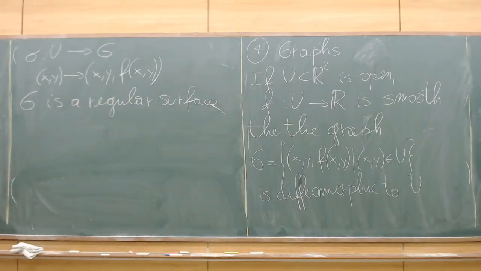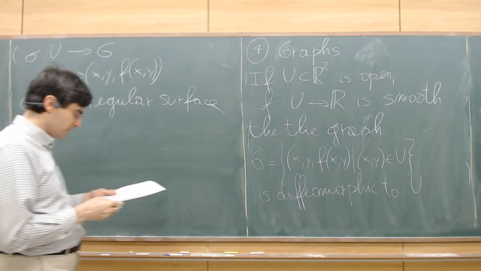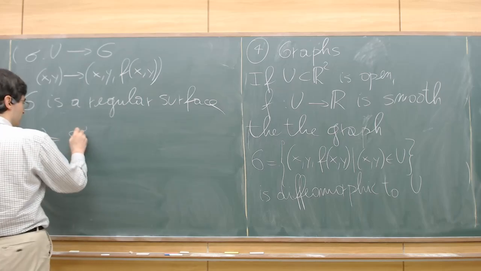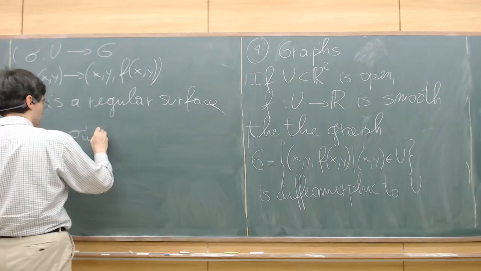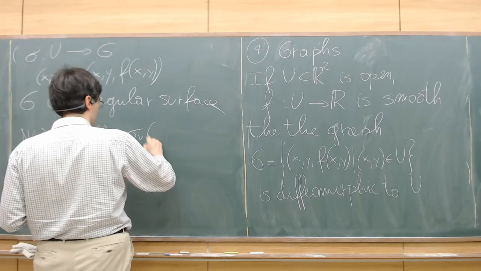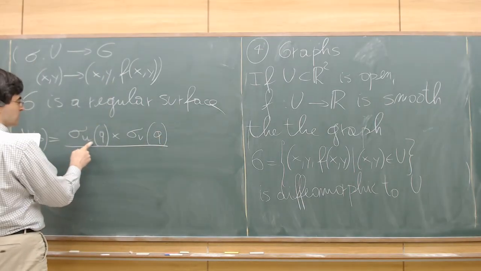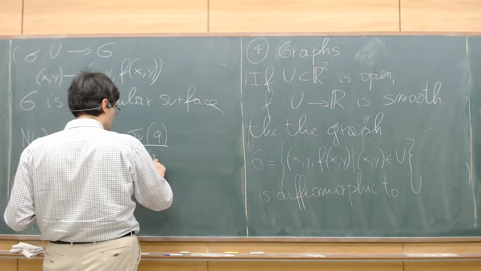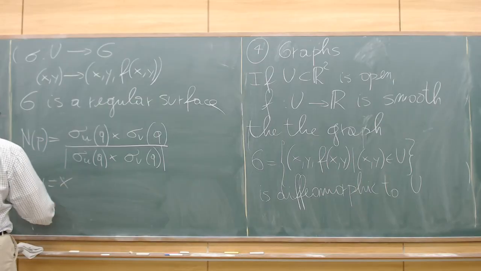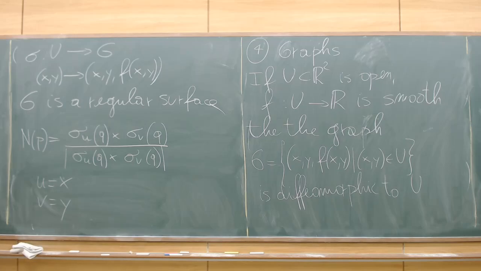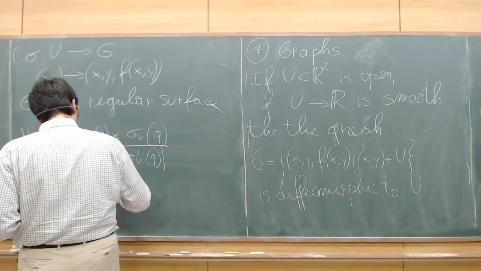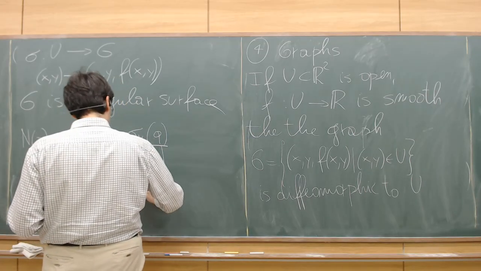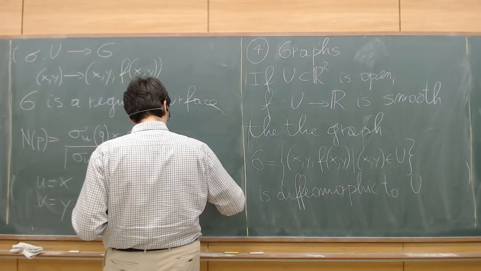Because this is a surface patch. Okay, you can use once again the formula n of p equals sigma u at q times sigma v at q divided by its length, with u equal x and v equal y, to get a global unit normal field.